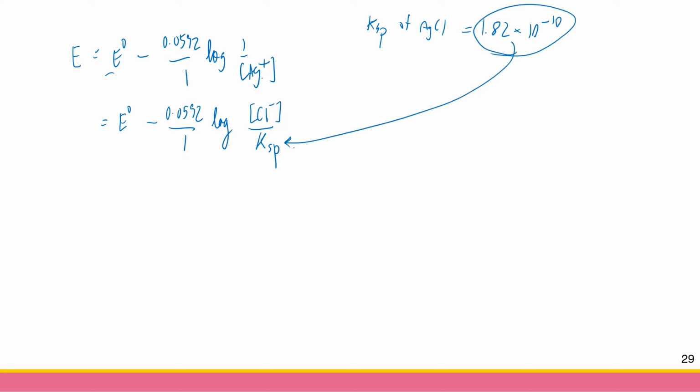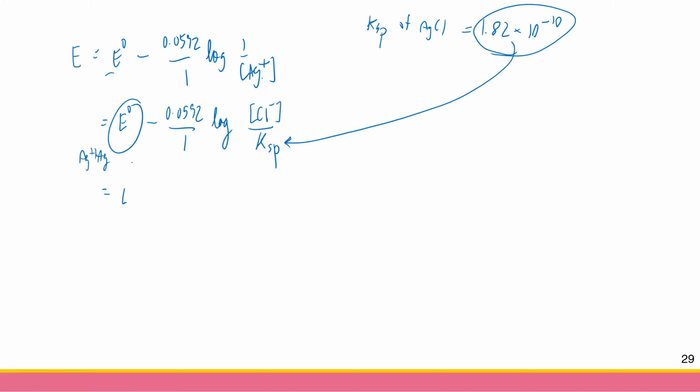But now we know the KSP of silver chloride. KSP of silver chloride is 1.82 times 10 to the minus 10. So you can substitute this into this one. You can substitute this as well, because this is the standard electrode potential of silver plus silver.